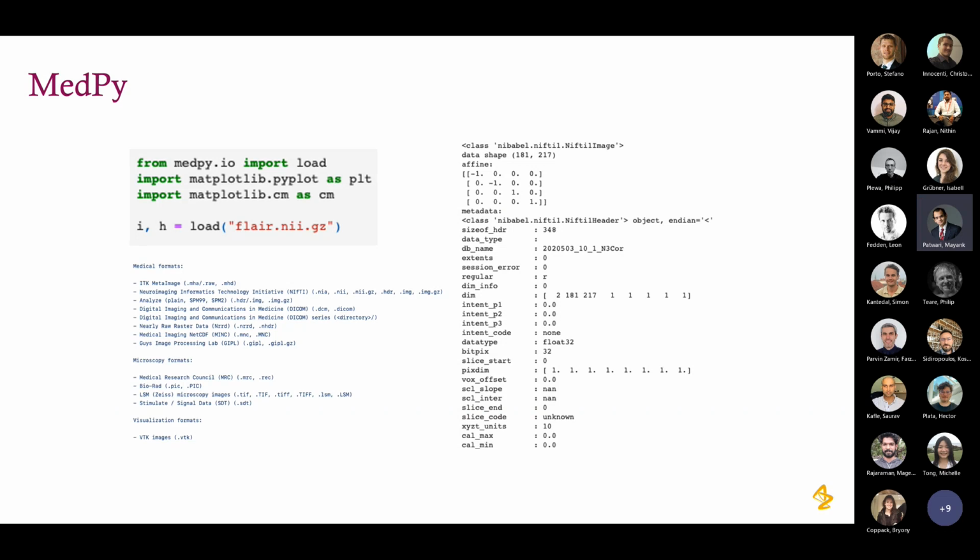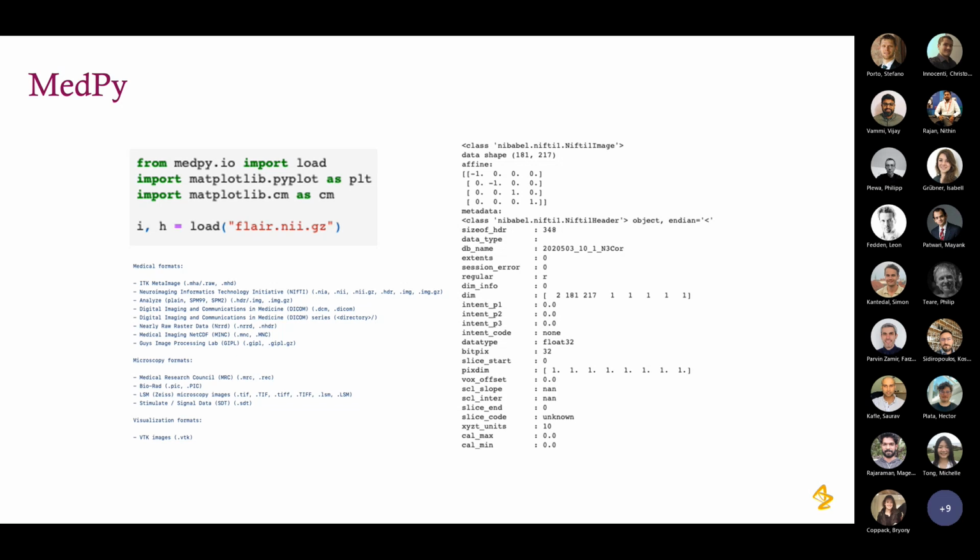There are a list of formats which are supported that contains both Nifty, DICOM series, Analyze, as well as specific other types of data. And as one can see on the right, when one reads a Nifty formatted file, one gets back a Nifty object. And this is important because since MedPy is a wrapper, one can simply load anything and the type will be inferred and the right library will be called by itself.